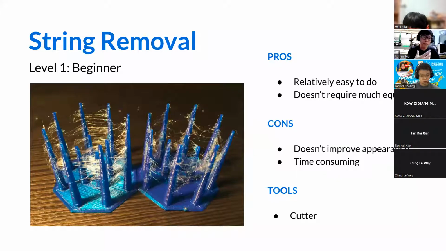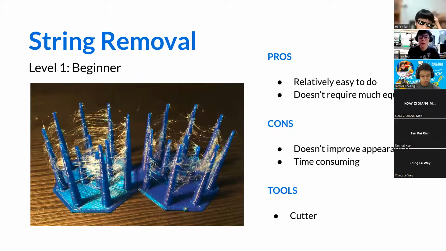During your design engineering competition, if you present your part with a lot of strings, it doesn't look very nice. It looks like a non-post-processed part. So you need to do string removal. You can use a cutter to slowly cut off the web.